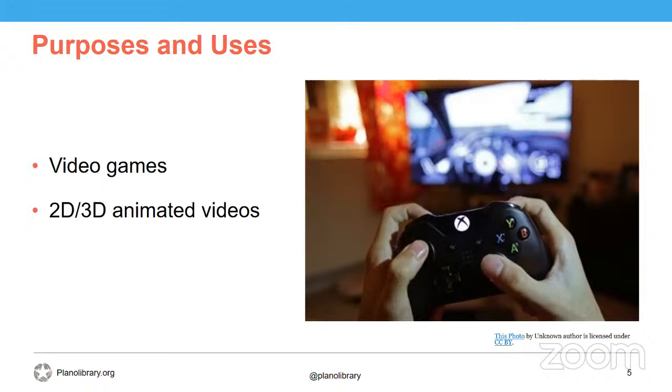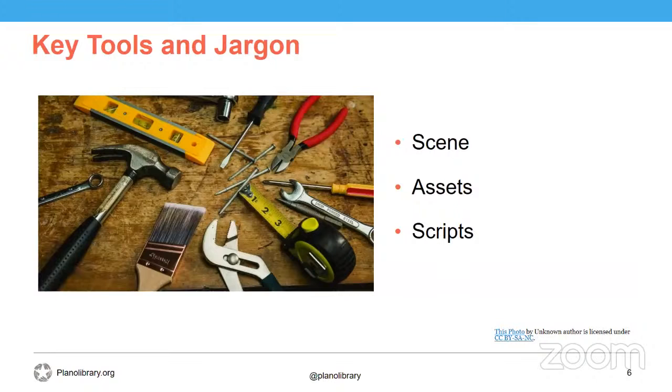And then as we talk about Unity, and especially as we go into the demo, we are going to talk about a couple of things, and we just wanted to go over some definitions before we head into that. One of them is the scene.